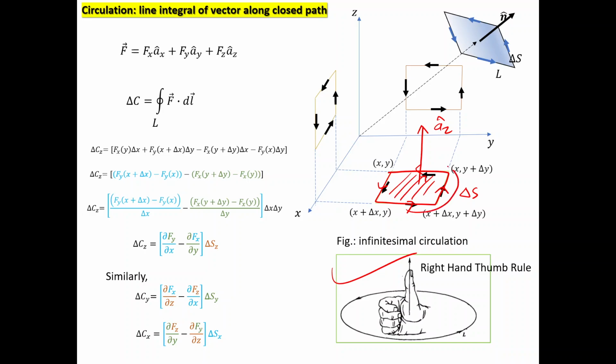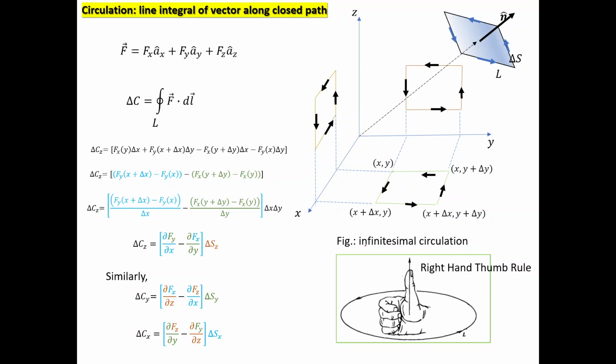If you curl your finger along this direction, then the direction of thumb will represent the direction of the unit normal of this loop area. And since it is along the z direction, let us call this area as del sz, and correspondingly, the circulation will be called as del cz.